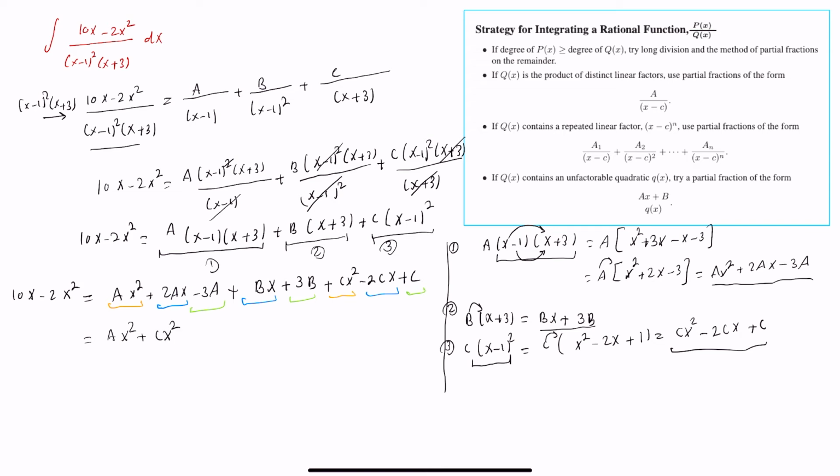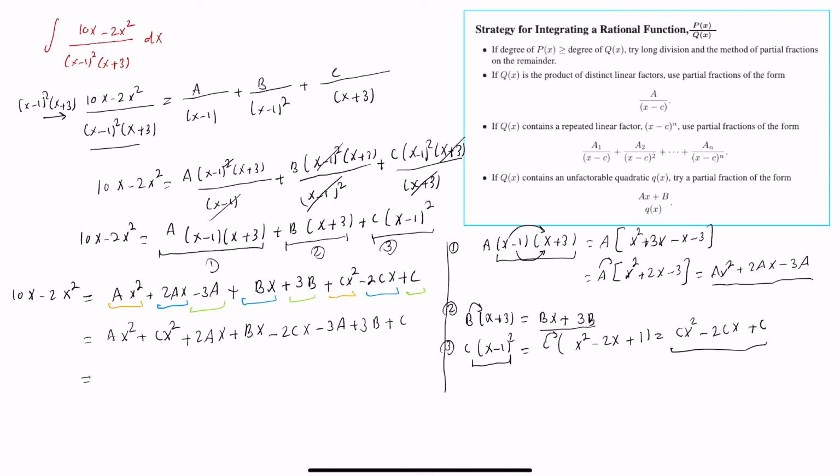Then the terms with x, the blue line: plus 2ax plus bx minus 2cx. And then the constants, with the green line: minus 3a plus 3b plus c.